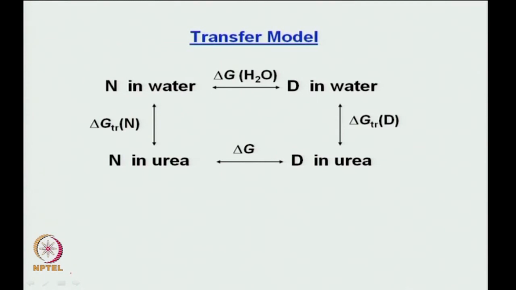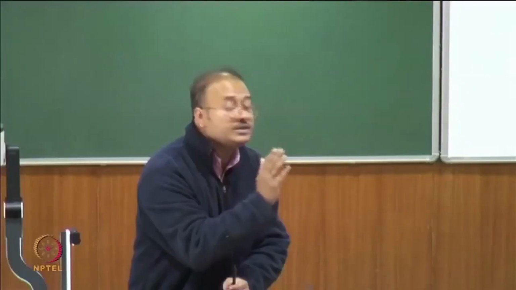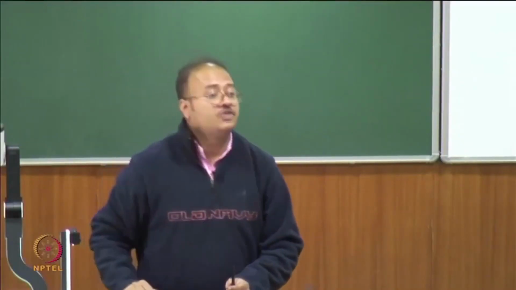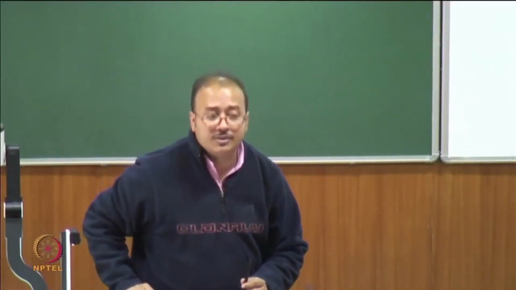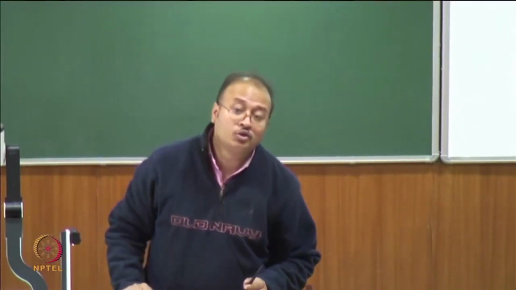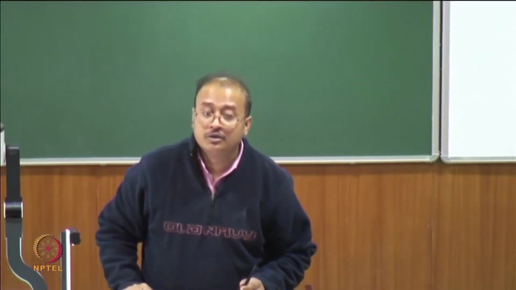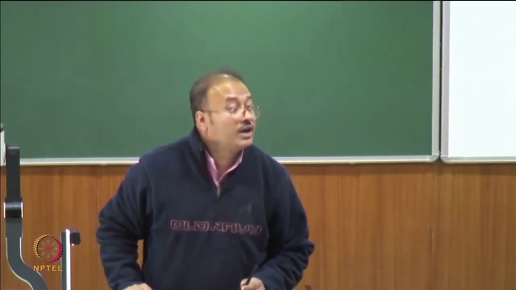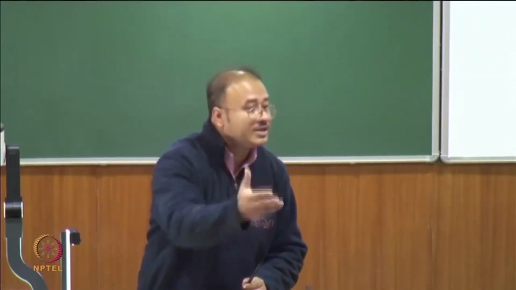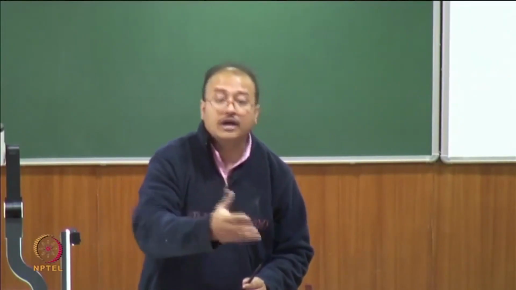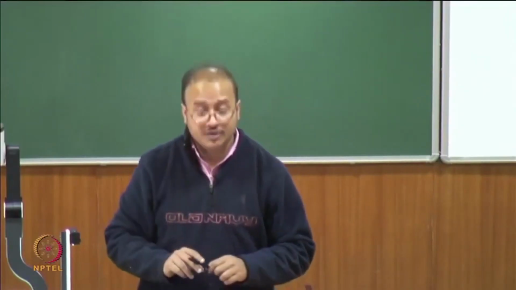So, this is what the thermodynamic cycle is. The only new thing that you are putting in now is your delta G transfer, and this transfer, remember, is very similar to some type of transfer you talked about before. What transfer did we talk about? Neopentane in water, that was the hydrophobicity. It is essentially the same transfer you are trying to do, but for a different reason, with a different system.